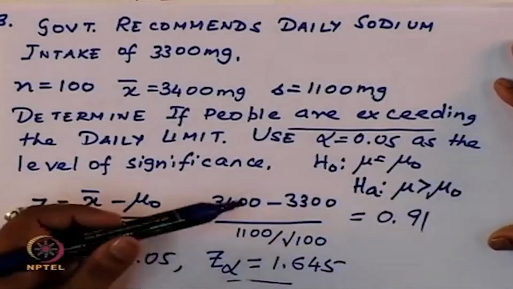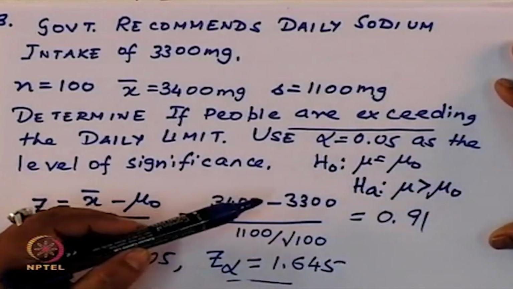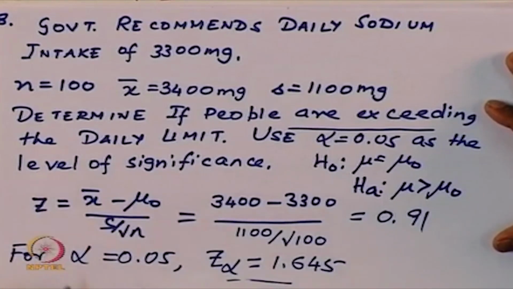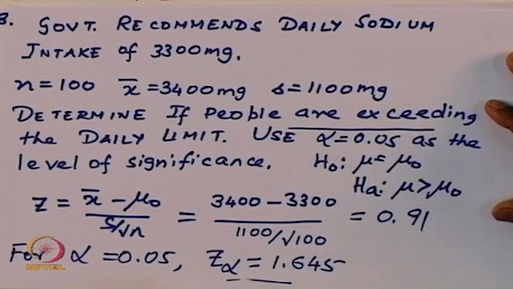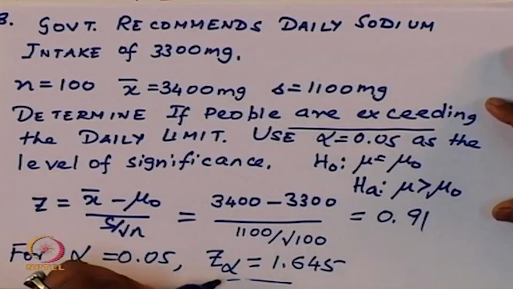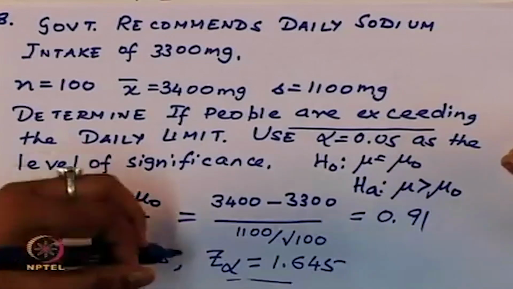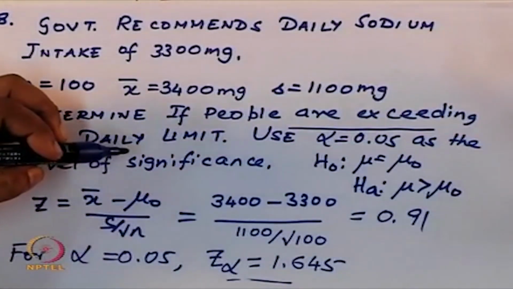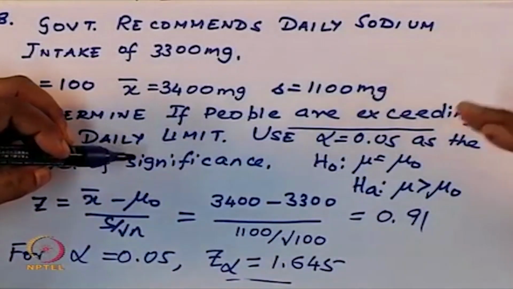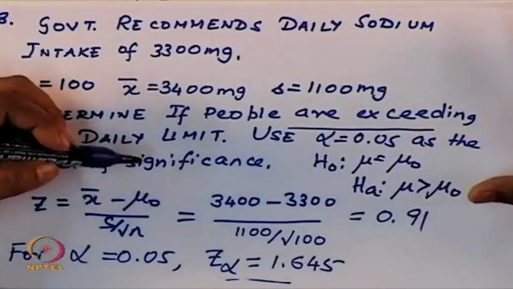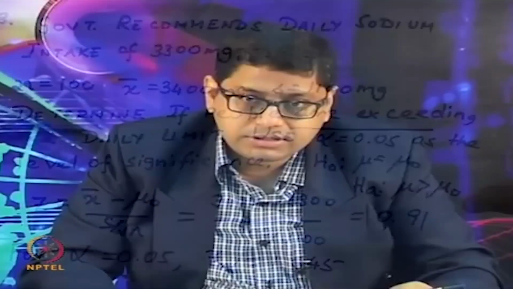I need to use a one-tailed test of hypothesis, for which Z alpha equal to 1.645. Since the value of the test statistic is less than Z alpha, I can say that this is not statistically significant. One cannot clearly say whether it has increased or not.